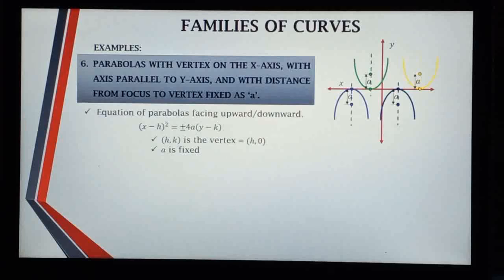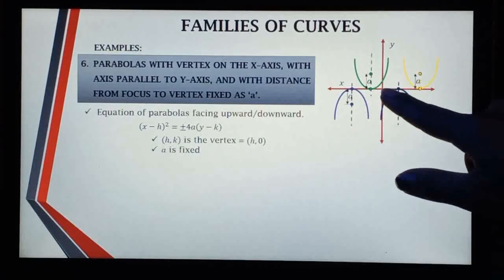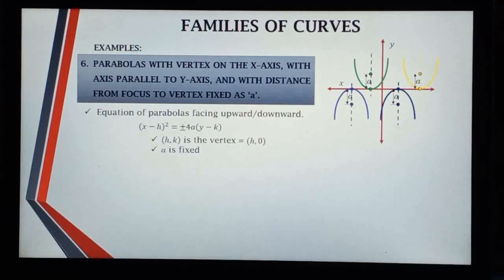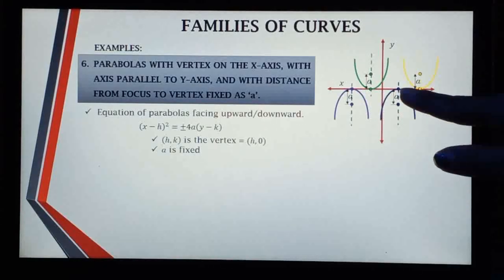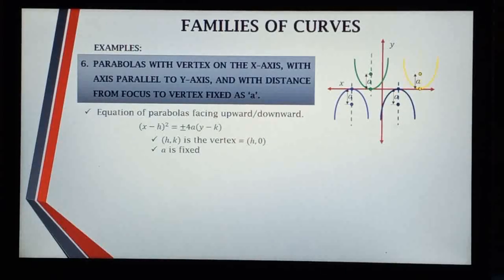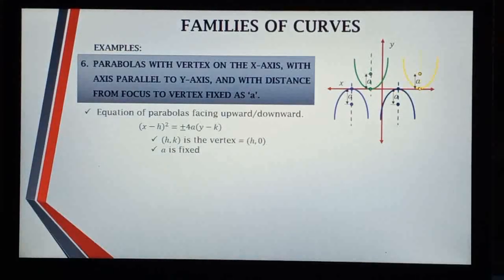H and k is said to be the vertex of the parabola. So si h is the x coordinate. So kahit saan sa x, pwede yung vertex ni parabola. But kung nakalay ka dun sa x-axis, meaning to say the k, which is the y coordinate, is said to be 0. Tapos, ang sabi kanina, a is fixed. So, ibig sabihin, a is not considered as arbitrary constant.